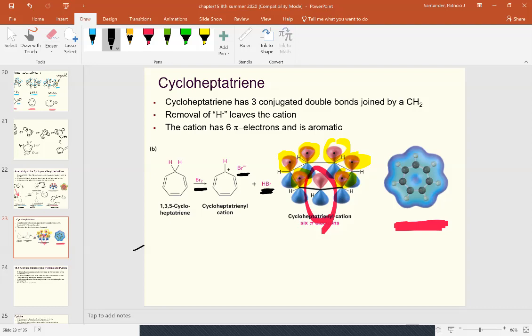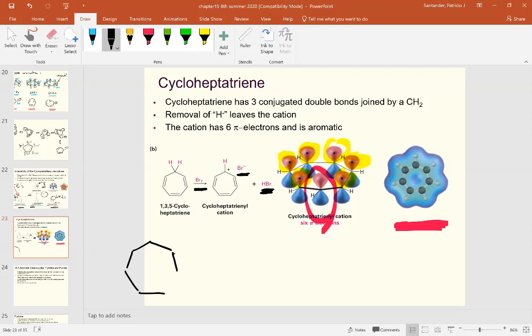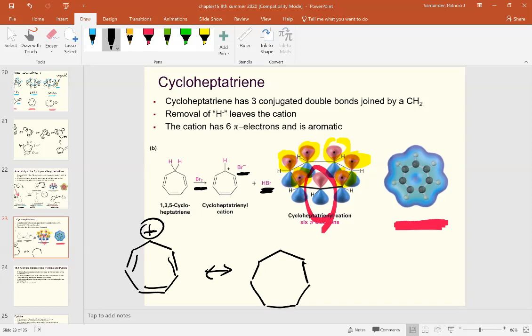So here again is one case where we can write down a whole bunch of resonance structures. I will write down just a couple additional resonance structures. What can I do here? I can bring a pair of electrons here.